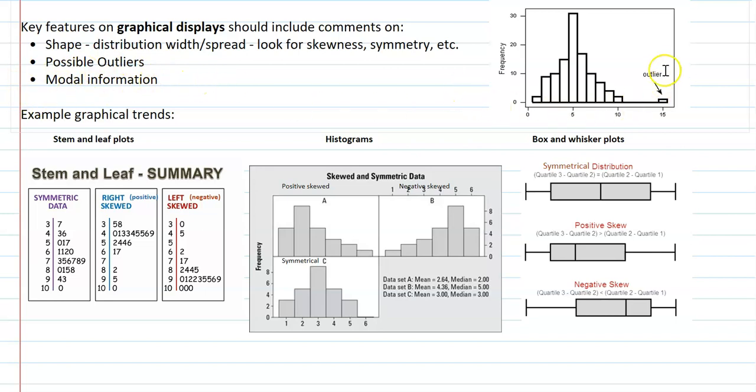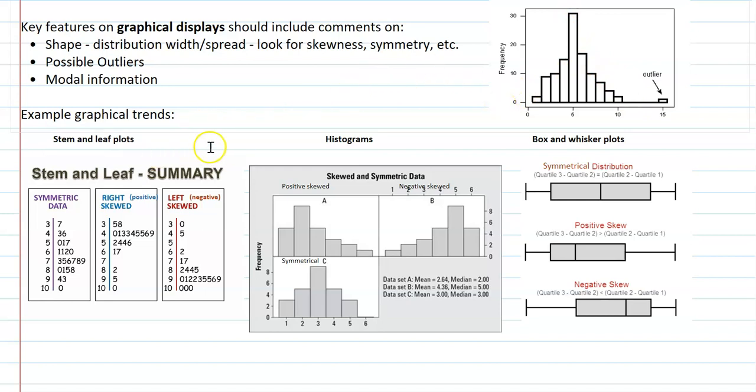So typical graphs I've put around here, we've got a histogram, and you can see a potential outlier over here. You can obviously see the modal information right here. You could comment that it's a symmetrical type formation.